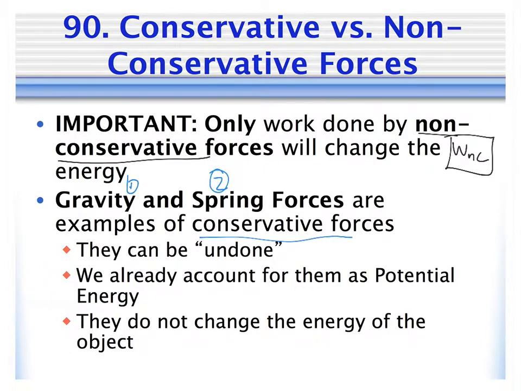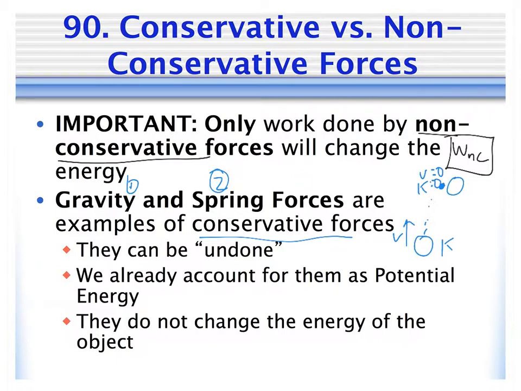Imagine we have an object that's traveling upward with some velocity. We would say it has kinetic energy. And that object's going to rise up to the peak and eventually reach its maximum height, where it has zero velocity and therefore zero kinetic energy.